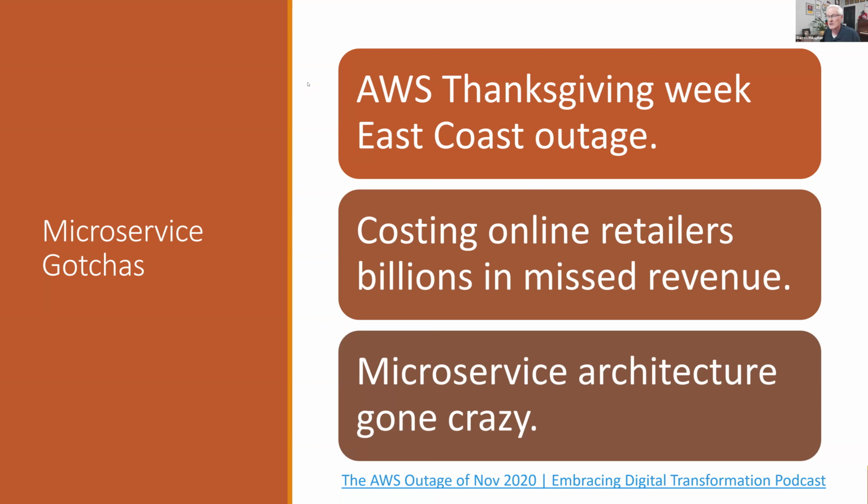Yeah, you check your own logs. It must be my problem, right? Because AWS says everything's running. And that's what happened. A lot of online retailers were checking and saying, look, AWS is fine, it must be my code. And they weren't communicating with each other because, hey, they're online retailers, they don't do that, right?